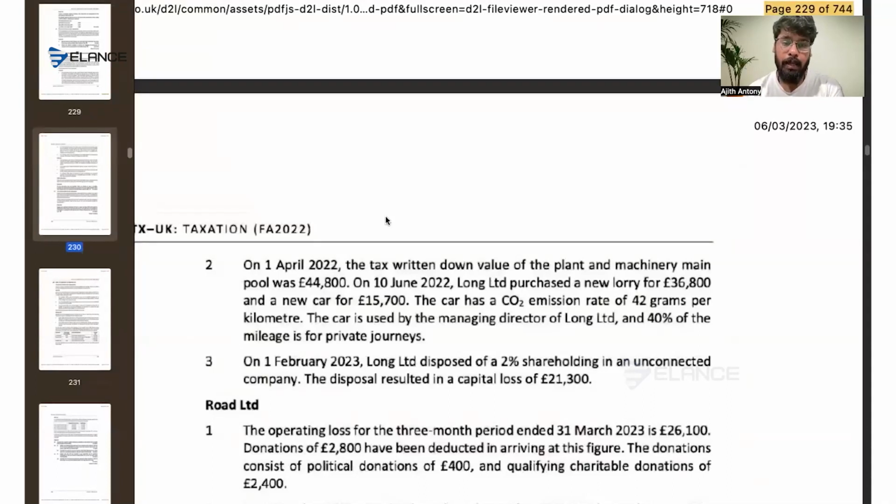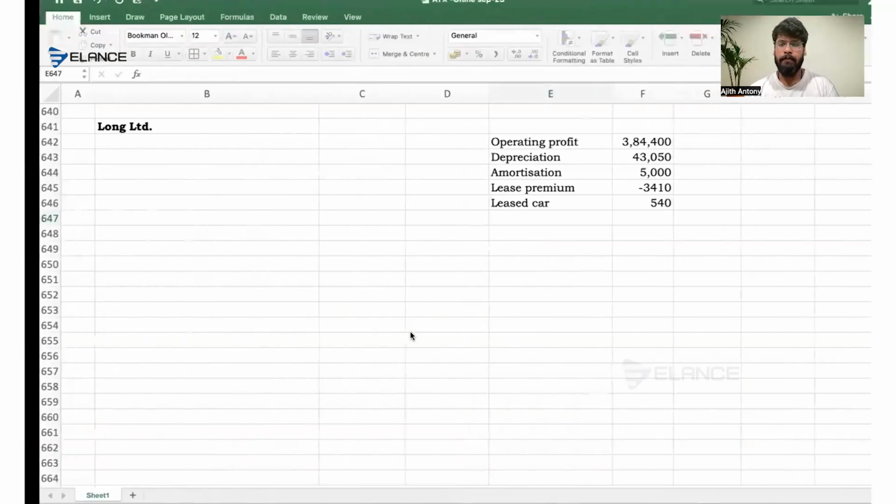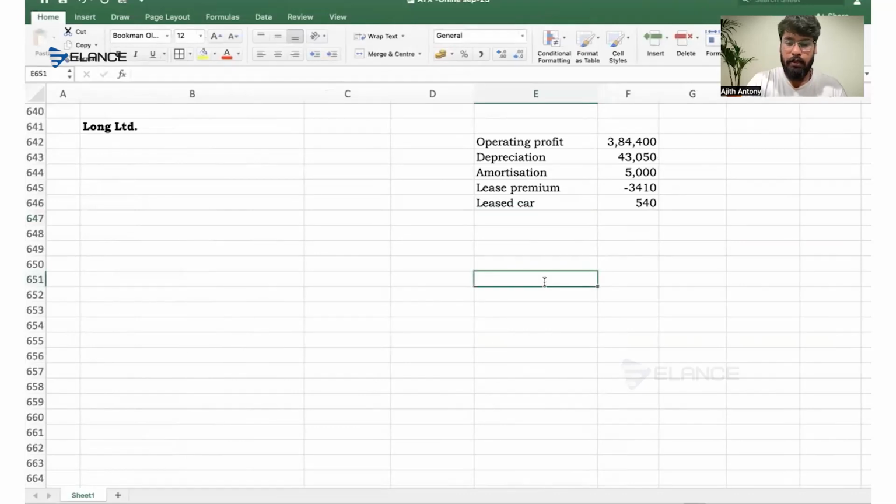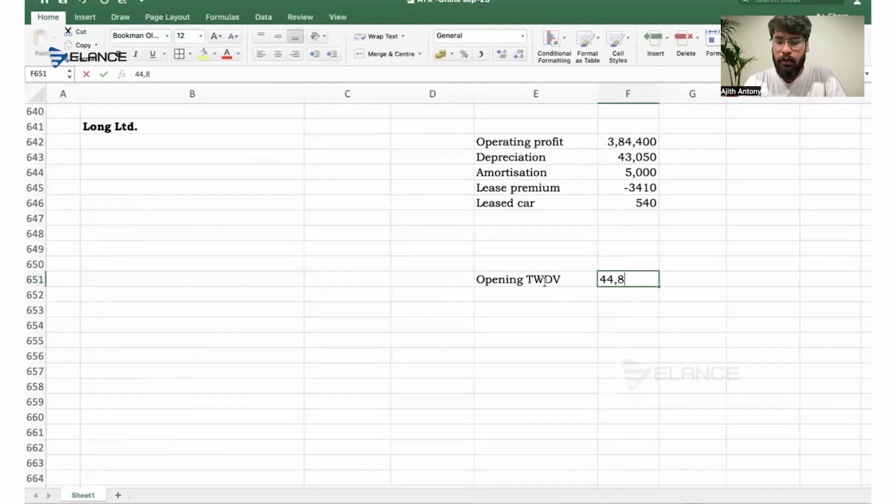In the second adjustment, actually this adjustment is for finding out the capital allowance. On 1st April 2022, TWDV, tax written down value of the plant and machinery main pool. In the main pool, there was an opening TWDV of 44,800.